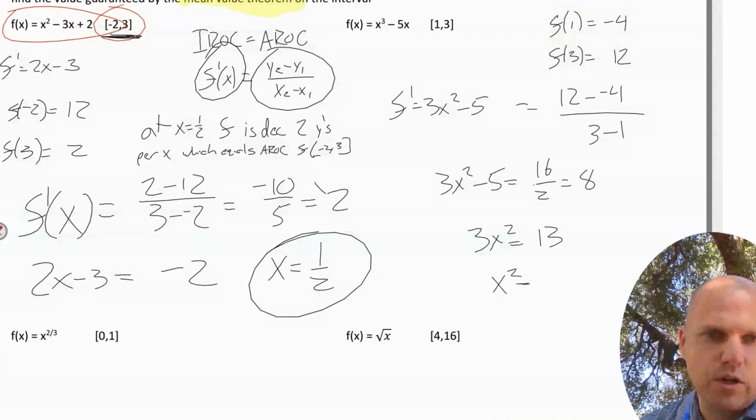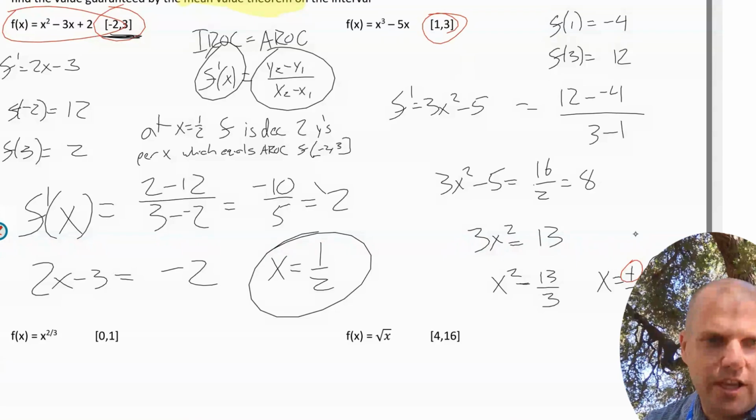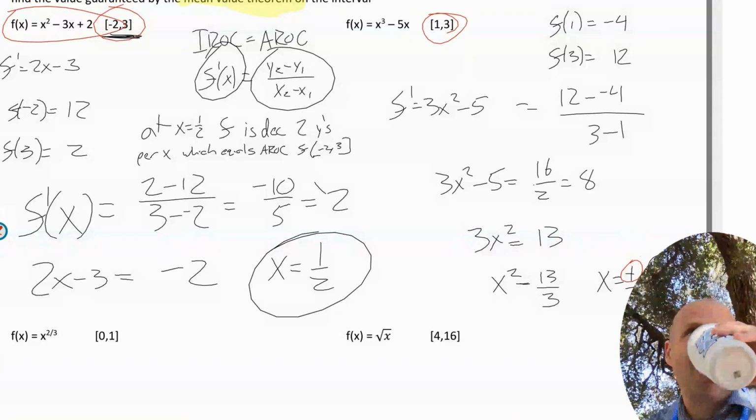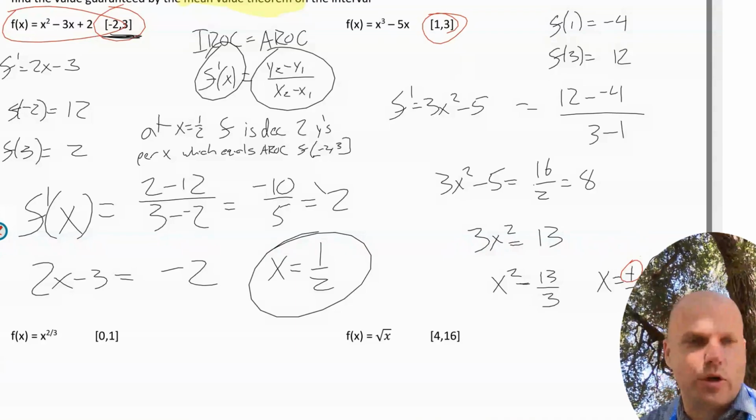Oh, this is the question from your test. It's plus or minus root 13 thirds. However, the mean value theorem guarantees that the value is on the interval, so I'd only worry about the positive root 13 thirds. Don't worry if you put down both, it's not going to hurt you. The mean value theorem talks about the x's in between your interval. Cool.